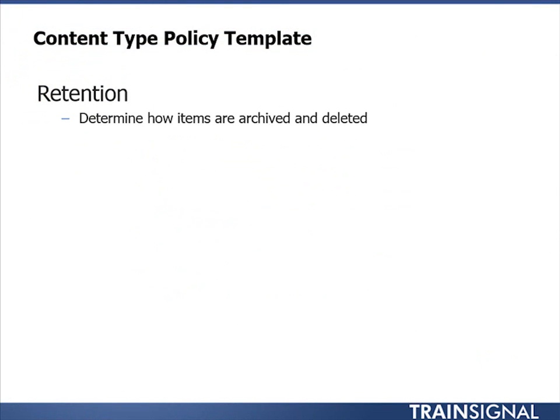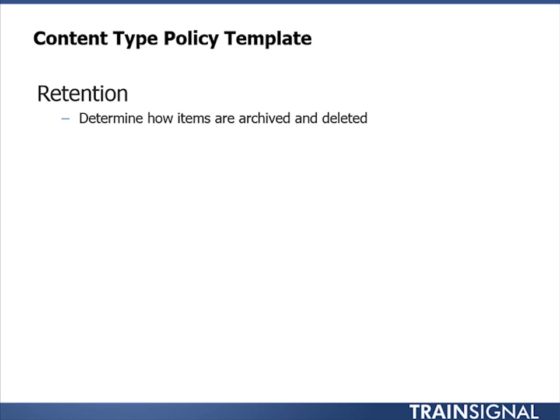One of the other very big things that I have the ability to do at the site collection level is set up policies. Now, policies out of the box can have 4 different components. The first of which is a retention policy. Chances are your organization has some form of regulatory compliance that they have to follow.